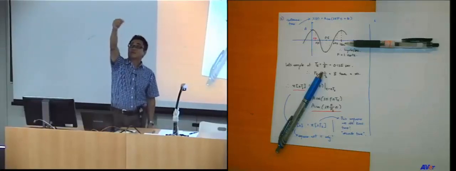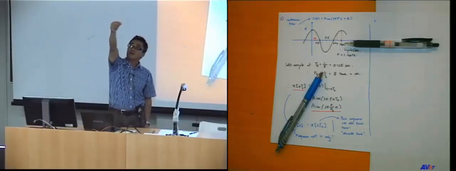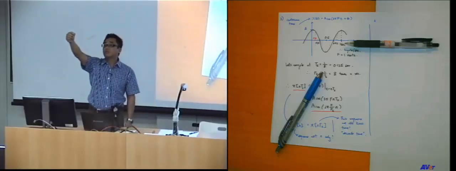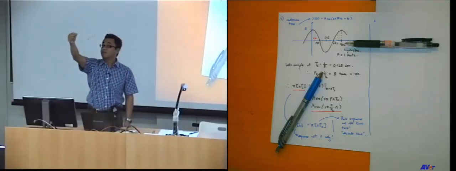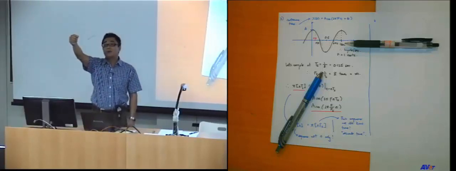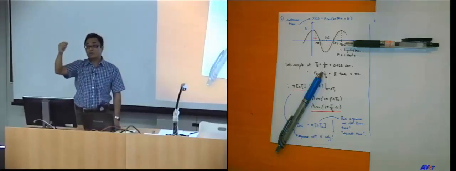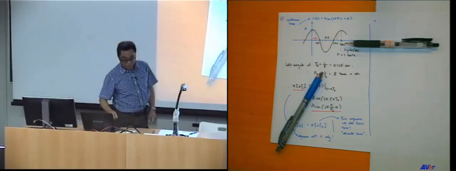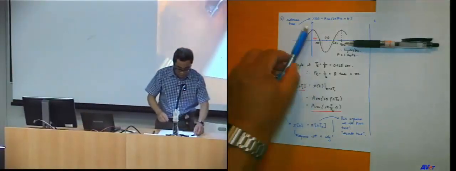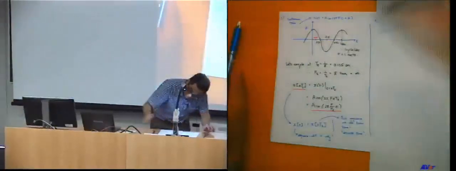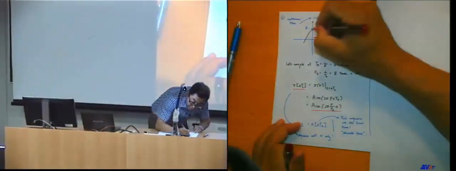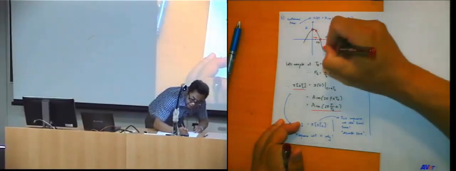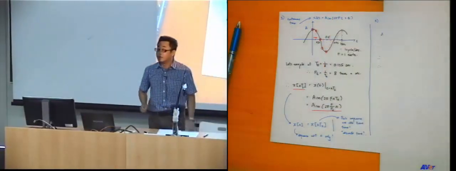I say open your eyes, and you look at the value here. 1/8 of a second later, which is 0.125 seconds, I ask you to open your eyes again, and you see the value here. 0.125 seconds later, which is 0.25 seconds, the value is here. So you can see that the signal is being sampled at here, at here, at here, and so on.